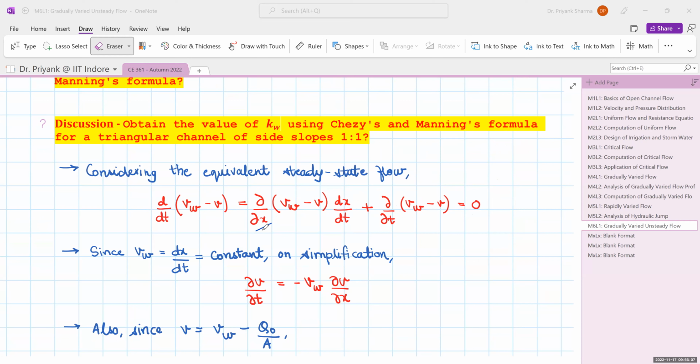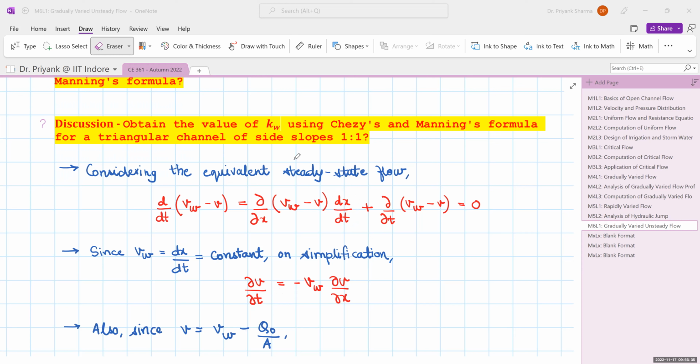So here is a space derivative, here it is a time derivative. Now V_w equals dx by dt, so this is V_w and it is constant. On simplifying, you get del V by del t equal to minus V_w into del V by del x. So on simplification, you yield this form of the equation.